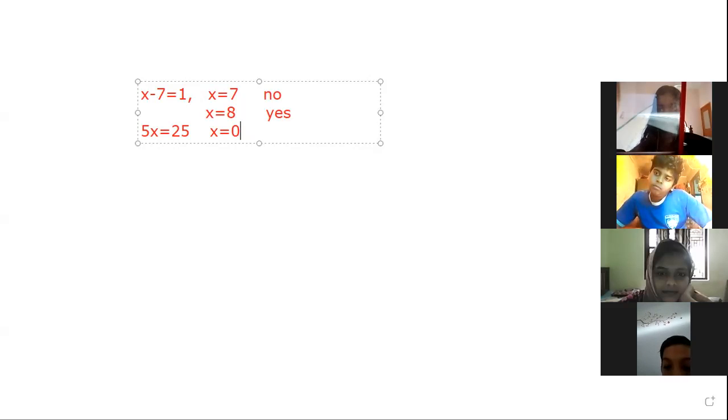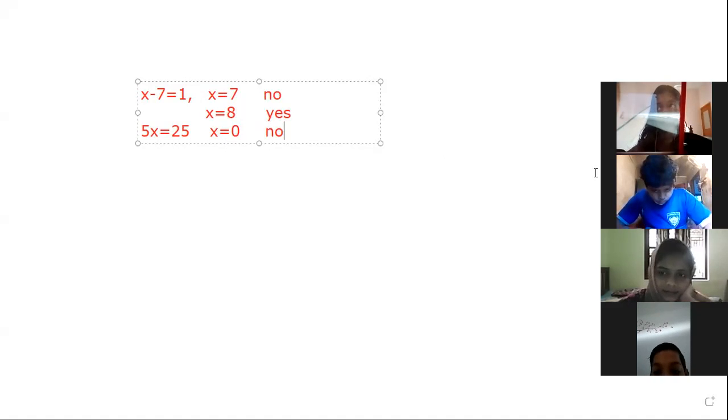What is the value of 5 into 0? It should be 0. But here our answer is 25. 0 is not equal to 25. So x is equal to 0 is not satisfying our equation. So you can write in your textbook as no.